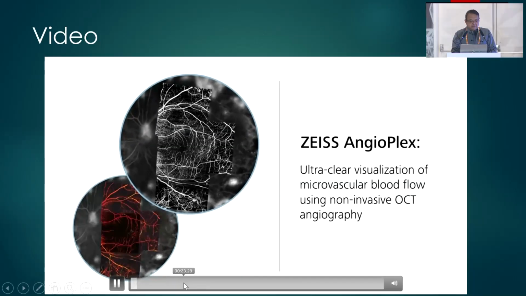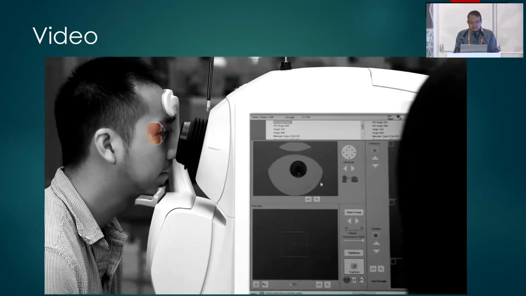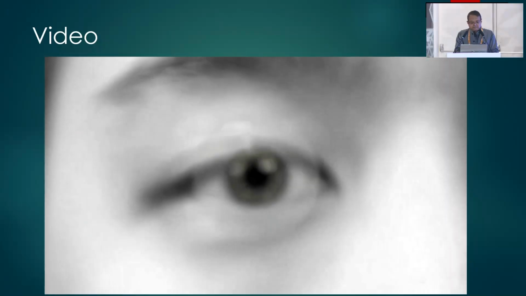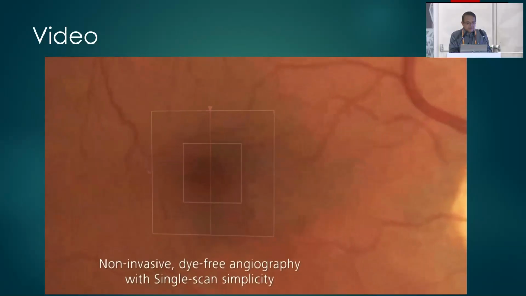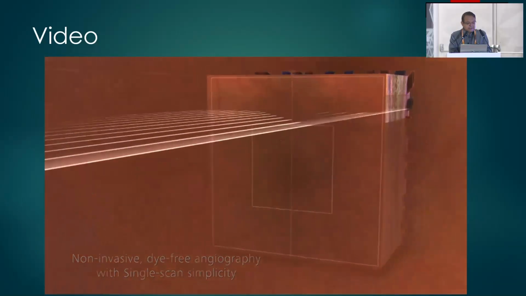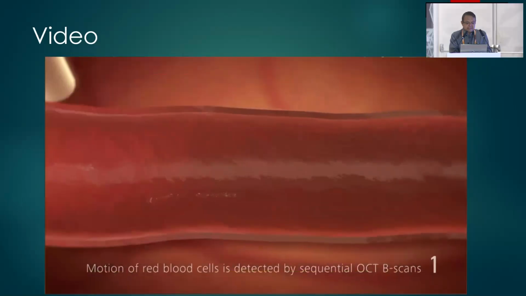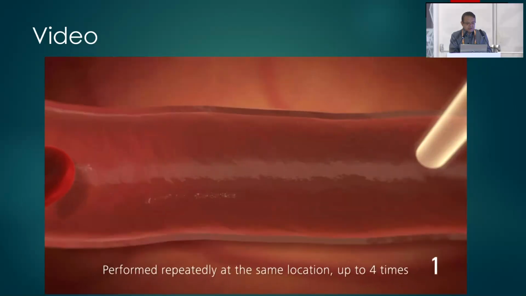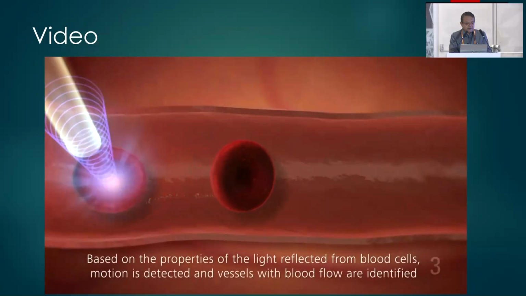This is a small video of how OCT angiography pictures are collated. This is a non-invasive dye-free angiography with single scan simplicity. Motion of red blood cells is detected by sequential OCTs performed repeatedly at the same location up to 4 times.